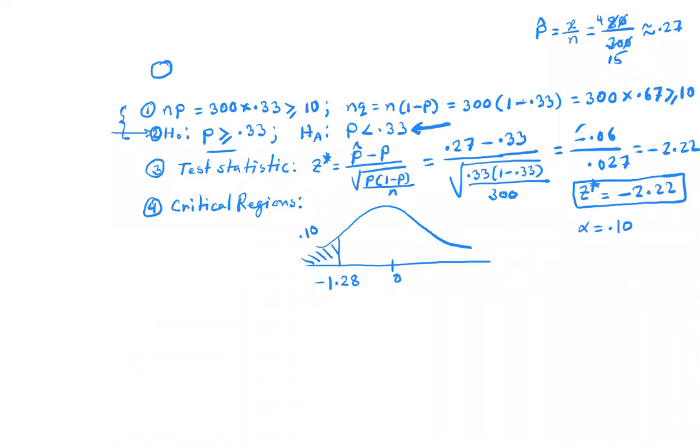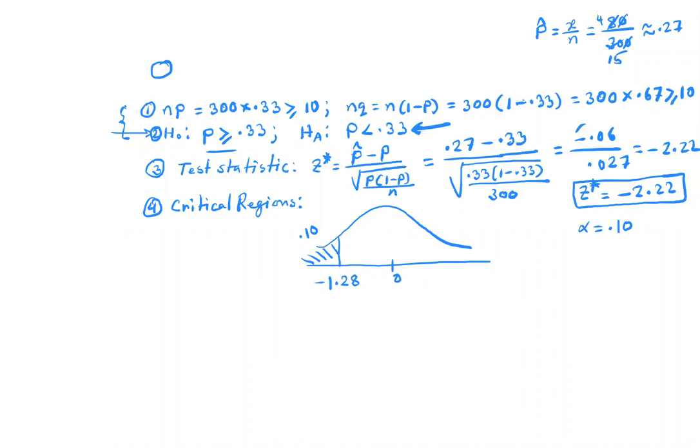Look at the standard normal distribution table. Look inside the table. Look for the closest value to 0.10. I'm pretty sure it's negative 1.28. I just want a confirmation.